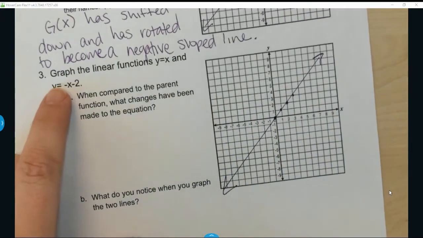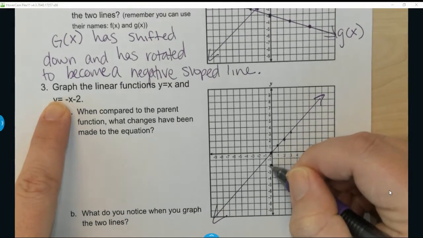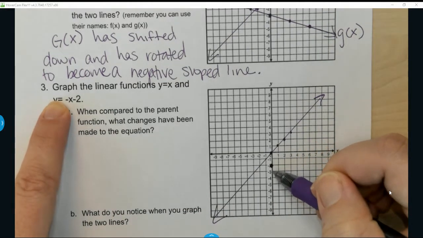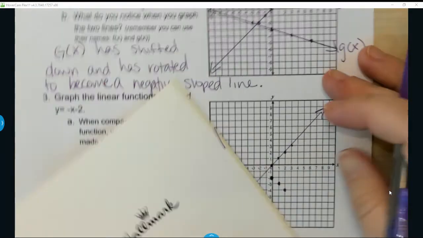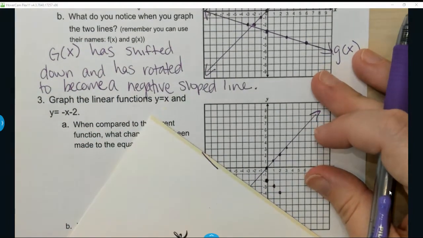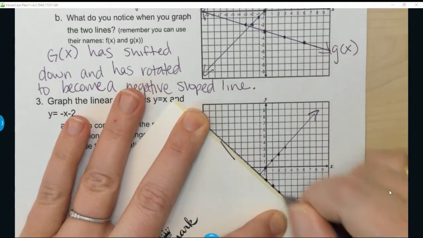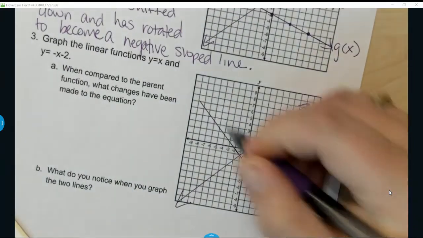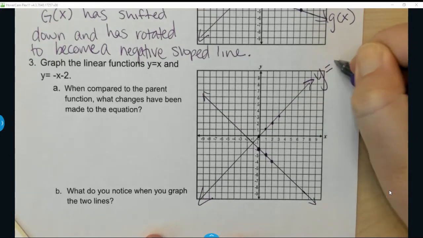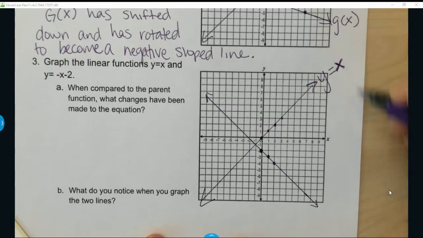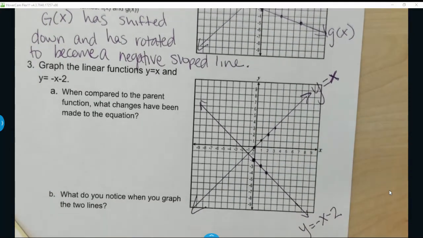The other equation is y equals negative 2x minus 2. Now this one, using our prior knowledge on perpendicular and parallel lines, if we say that this is y equals x, I have to actually write it out because I don't have the function name, and then this other one is y equals negative x minus 2.